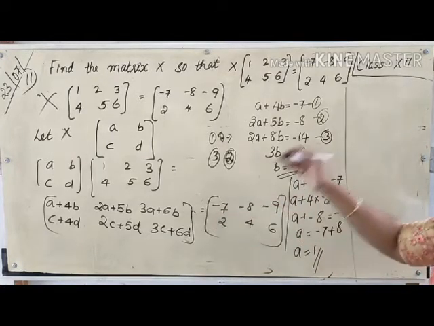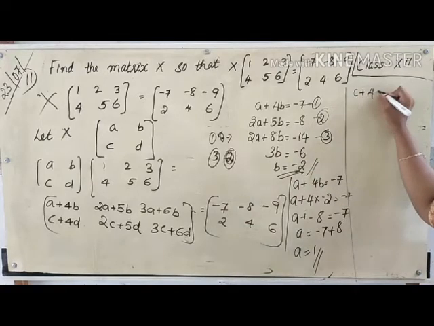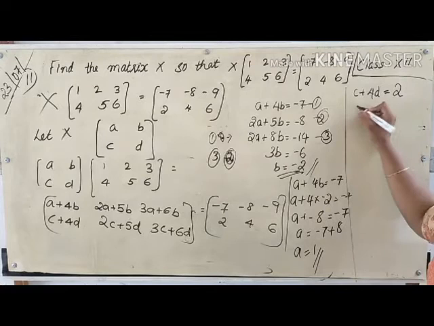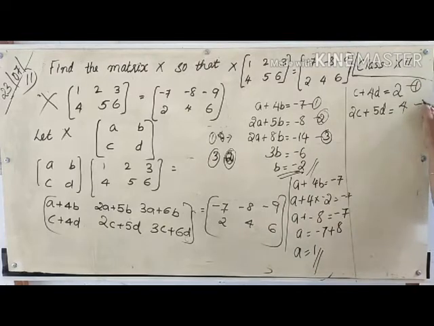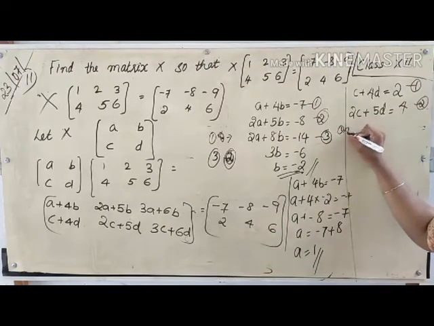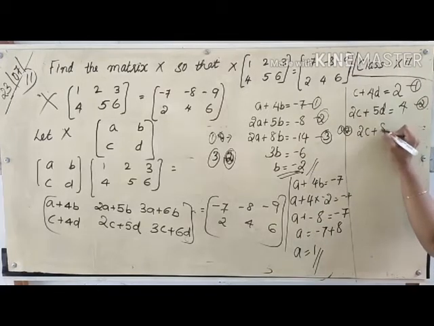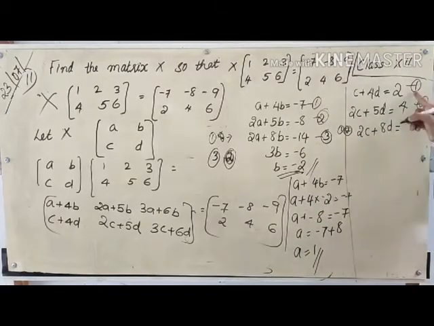Now let's find C. C plus 4D, what we get? 2. And next 2C plus 5D is equal to 4. First equation, second equation. First equation multiply by 2. Elimination method, you know that. 2C plus 8D is equal to, here if you multiply by 4, we get 4.